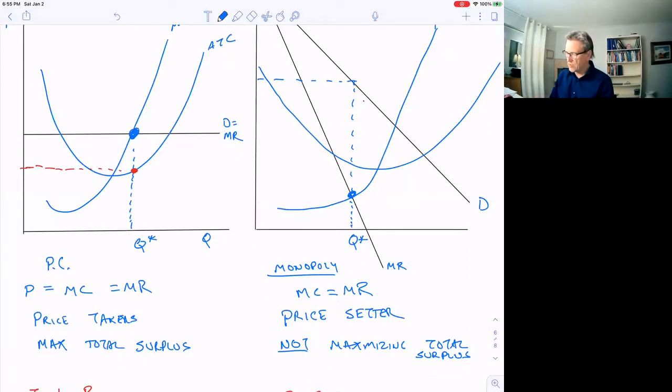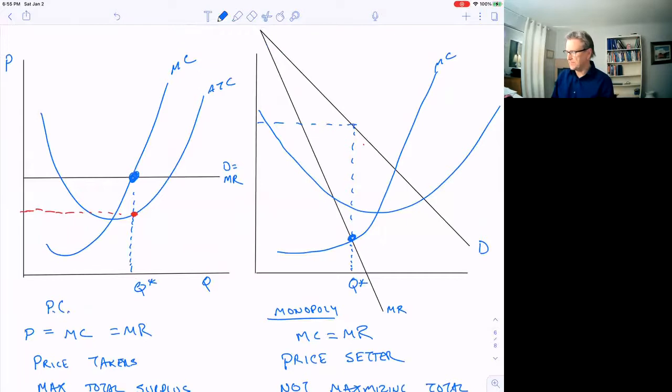So you can see on this graph here for the monopolist, under perfect competition, the price would be right here at the bottom of the average total cost. But for the monopolist, they're charging a price that's greater than that. The quantity that would be produced under perfect competition would be this quantity, but under monopoly, less is produced.